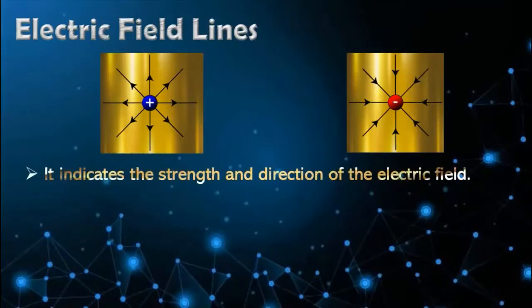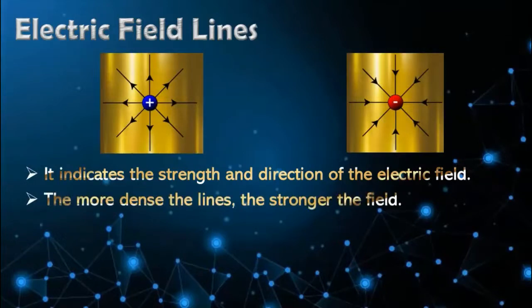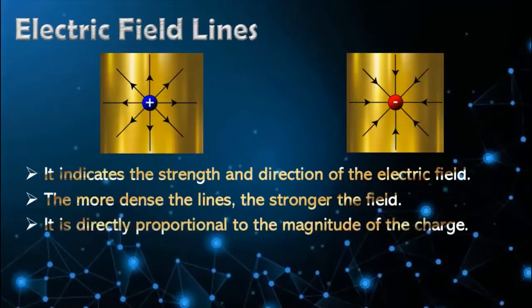The properties of these electric field lines: it indicates the strength and direction of the electric field, so it's either inward or outward. The more dense the lines, the stronger the field. The more lines are closer to each other, the stronger the field. It is directly proportional to the magnitude of the charge.